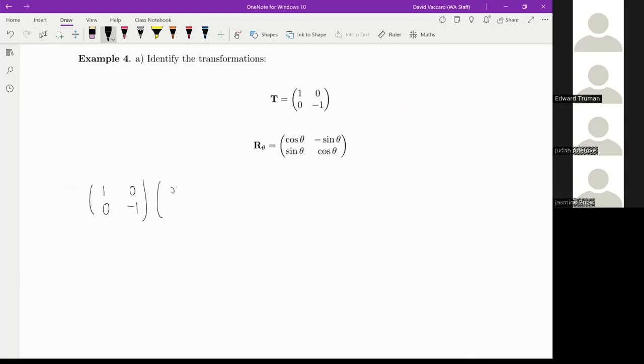Let's see where this takes the point (x, y). This maps (x, y) to (x, -y). So can anybody put in the chat a suggestion for what transformation is effected by T?